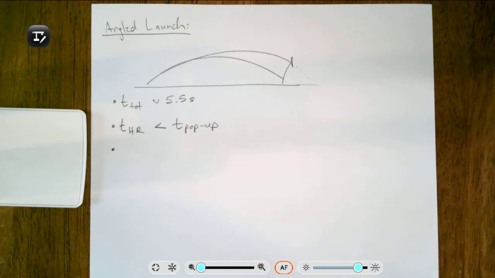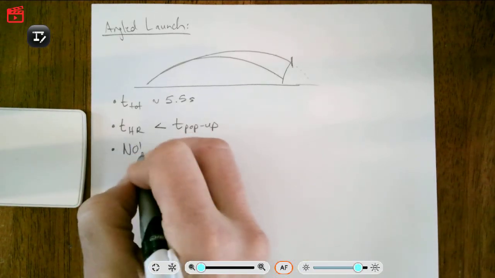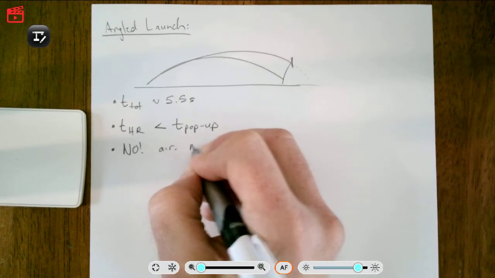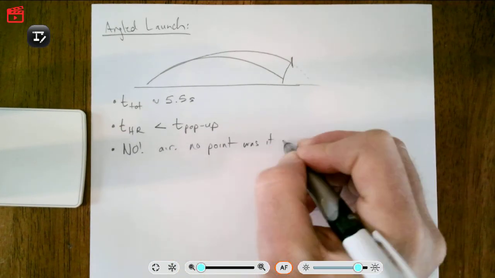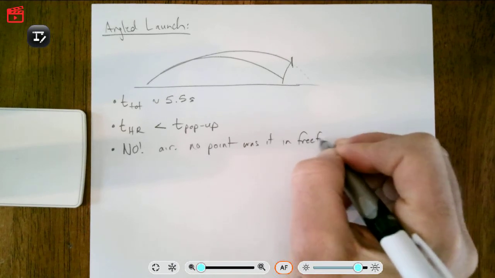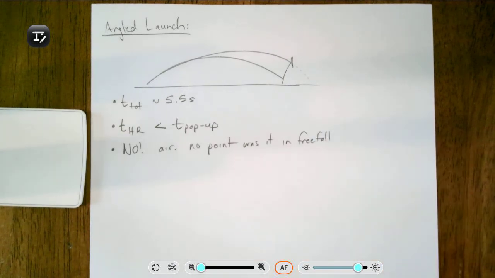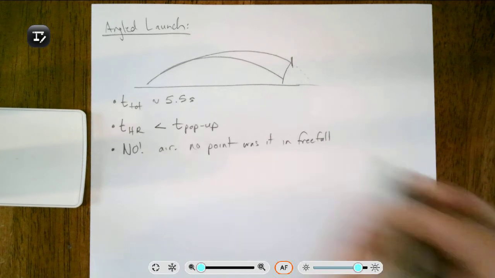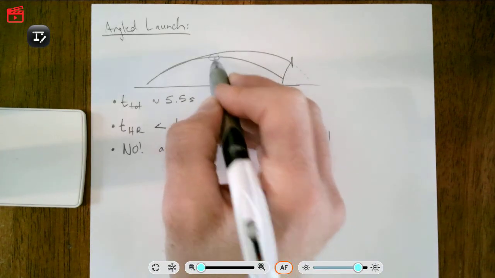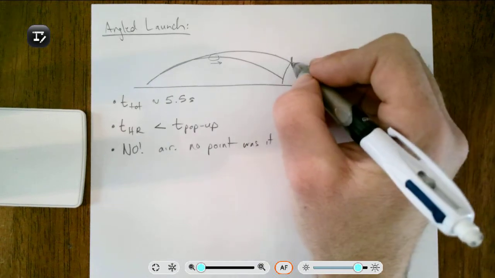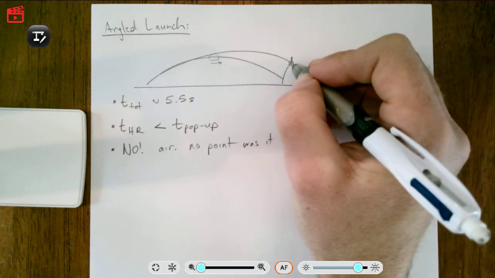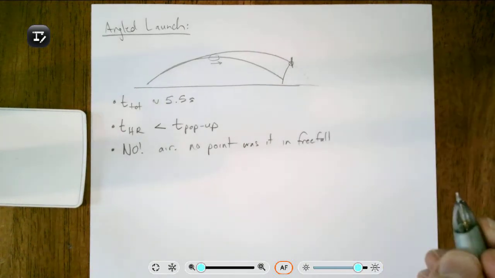Okay, was the ball in true free fall? No. There's air. In fact, at no point was it in free fall, particularly because even at the peak, it was still moving forward. So even up here, it was still moving forward. There was always air resistance. Maybe the instant it came off the bat, it was still moving even then.